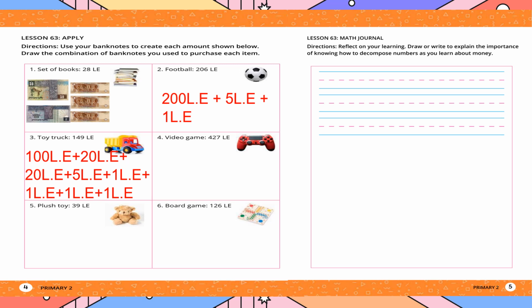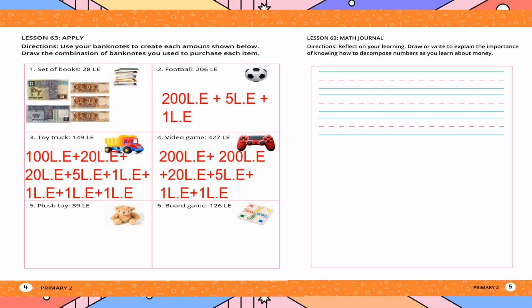So put 20 pounds. 400 plus 20 equals 420. 7. Do we have any banknote called 7? No. So we will put 5 LE plus 1 LE plus 1 LE. So the total is 427 LE.